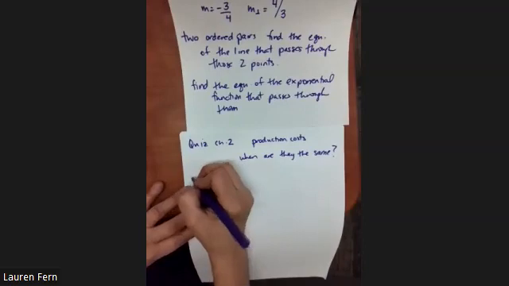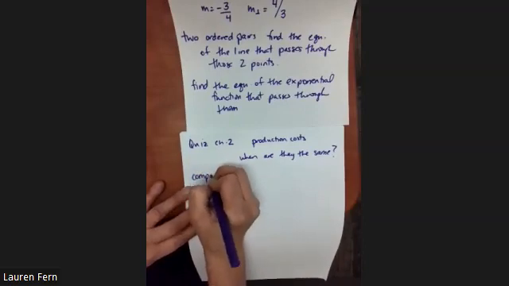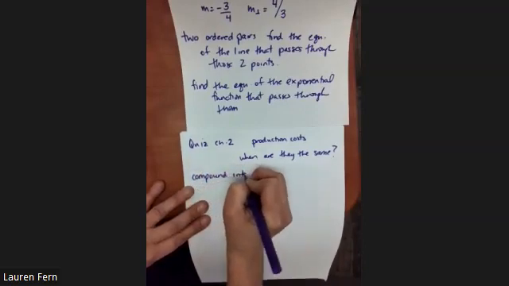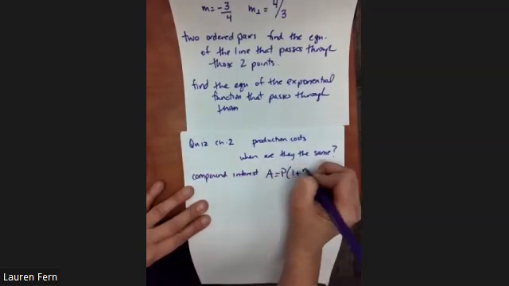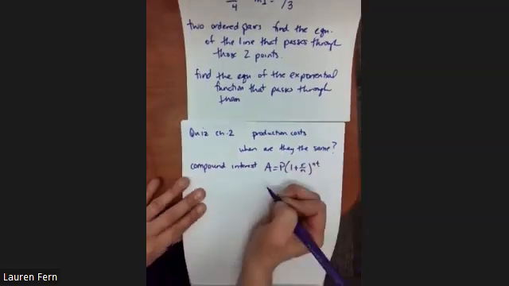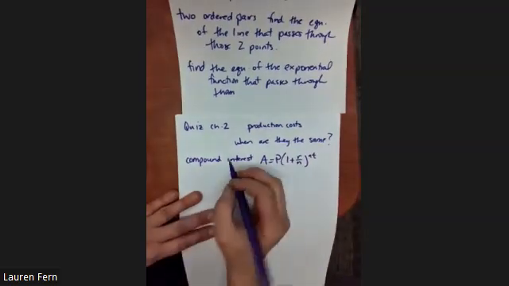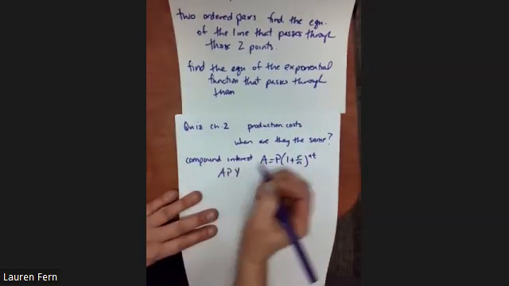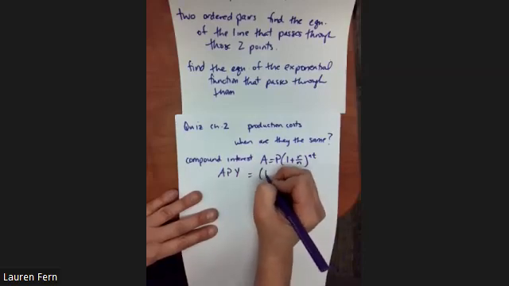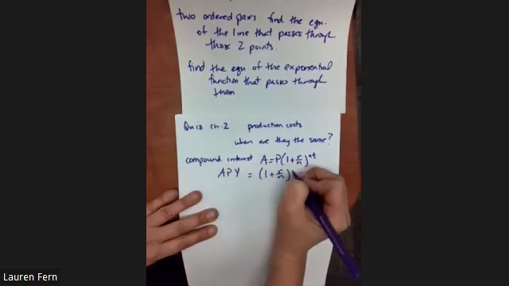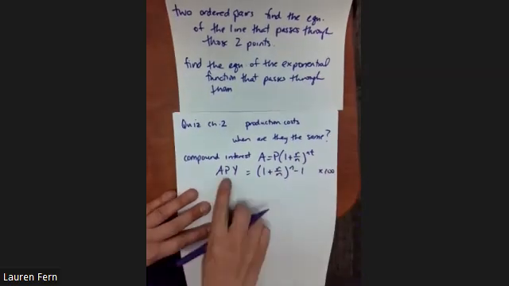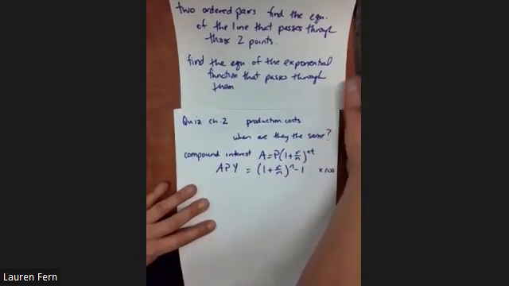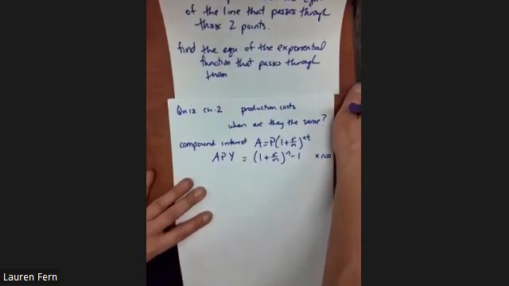All right, you're going to have one short compound interest question. A equals P(1 + r/n)^(nt). And you're going to have one APY question. Not a huge amount there, but just enough.